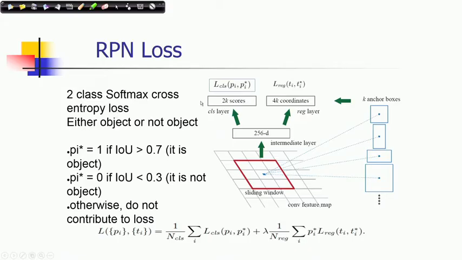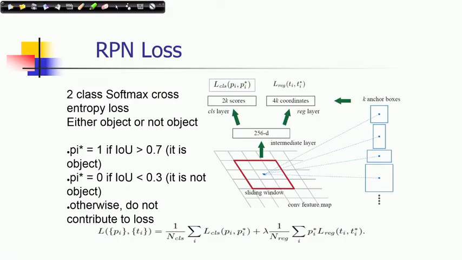In the two class loss function, the standard cross entropy loss is used, because you are deciding whether it contains an object or not. If your predicted region is intersecting about 0.7 of the true object, 70% of the true object, then we call this 1, otherwise it is 0. So, it is intersection over union.